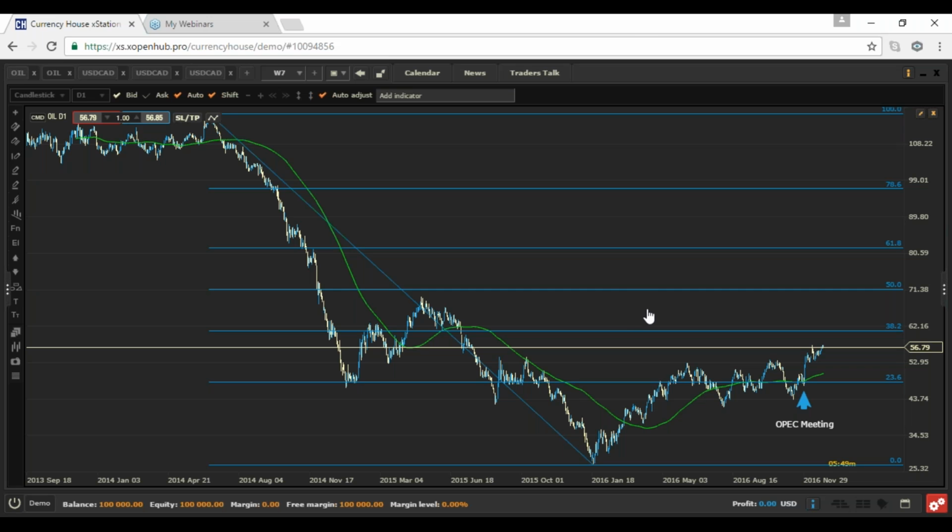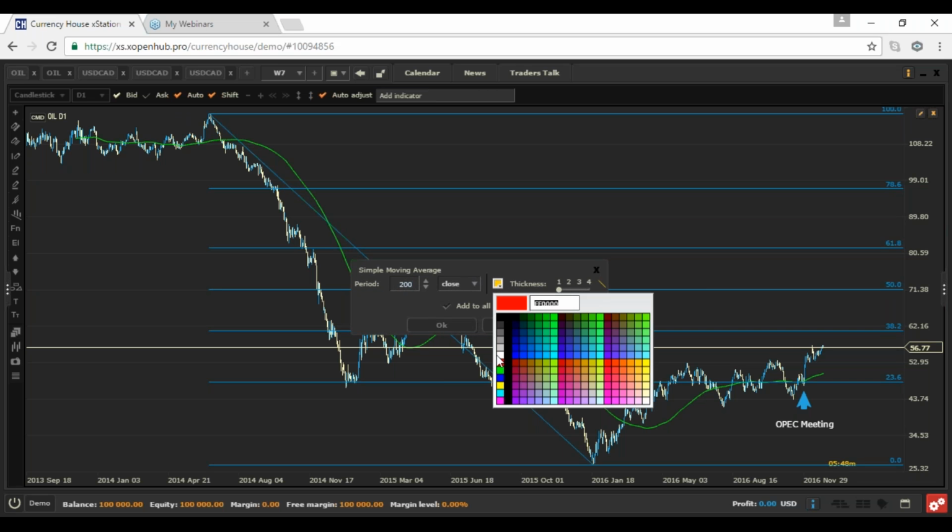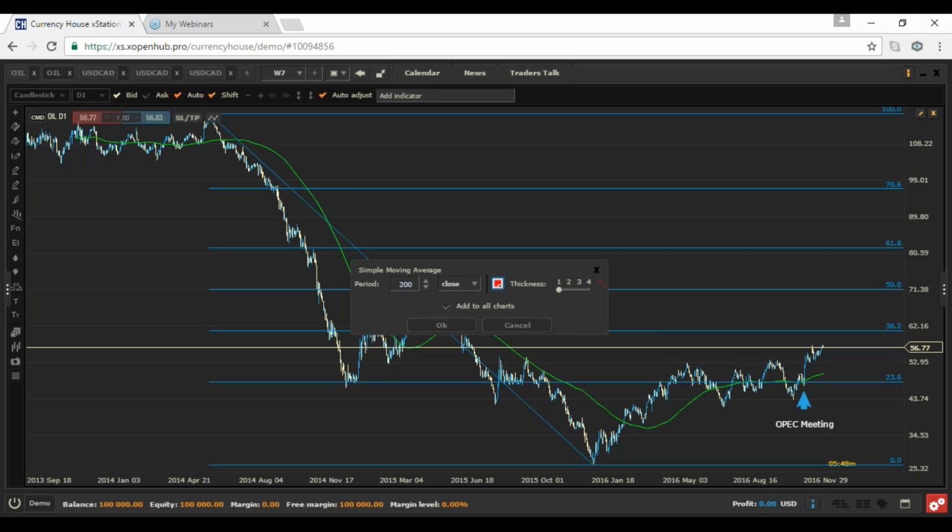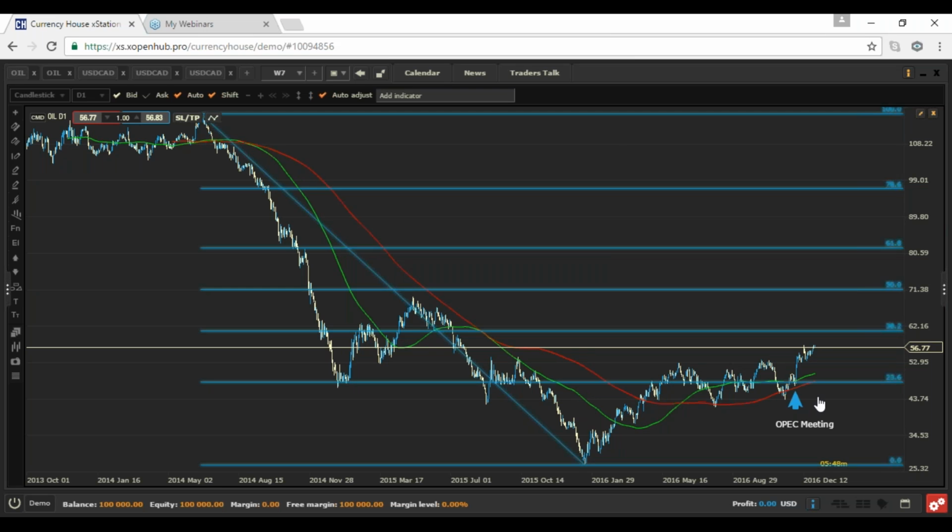So in order to understand, what I would add here is just another simple moving average with a larger period, say 200 days. Let's make it red. What do we see? We see the same.